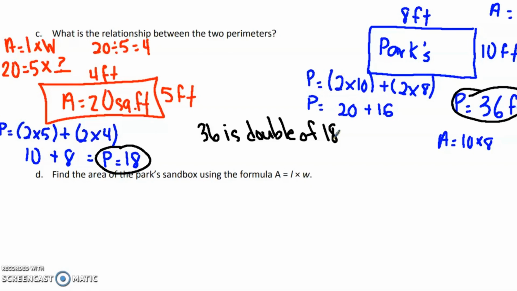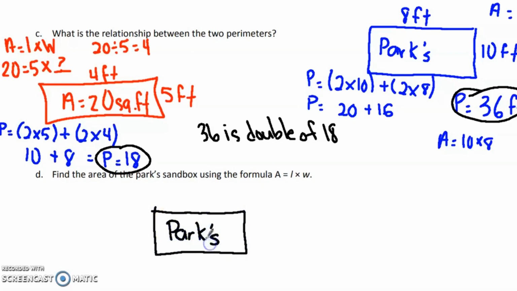Okay, and then for question D, it says, find the area of the Park sandbox using the formula area equals length times width. We had already done that. I'll go ahead and do it again just in case you didn't get it correct. But if you take a look at this, this is the park's, so I'm going to go ahead and put the word here, park's. Now, the park's area is, again, area equals length times width.